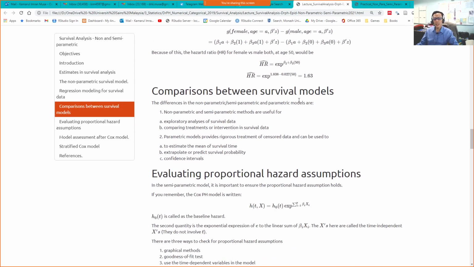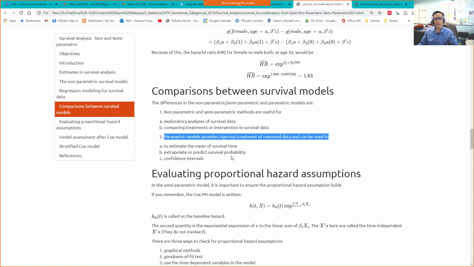How do we compare survival models? For non-parametric and semi-parametric models, we can use exploratory analysis of survival data. You can compare treatments or interventions, and later we will learn about parametric models. Parametric models can provide more information, so they are more advanced.